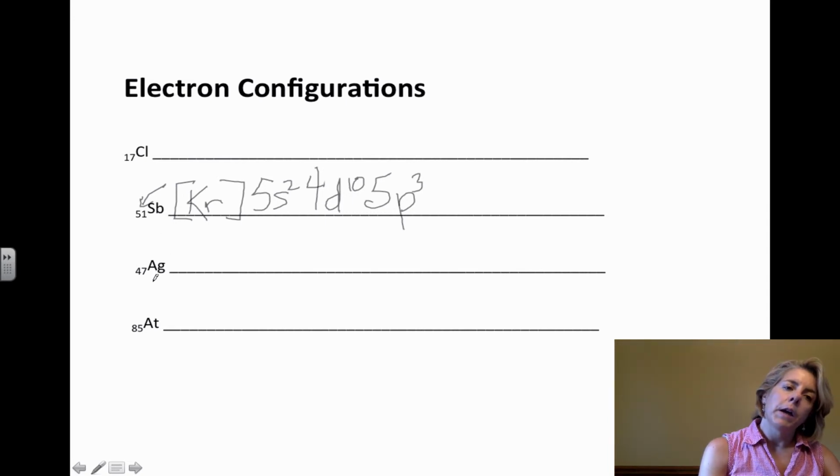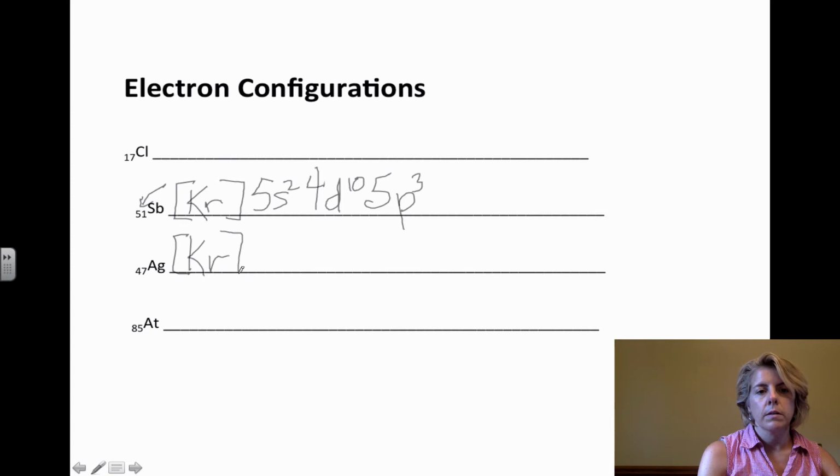Okay, here I go. Now this is silver, and I'll just tell you ahead of time, this is an exception to the rule. So don't be surprised if we have to steal an electron from the s orbital. This actually has the same noble gas notation as krypton. And then after krypton, we have 5s2, and then 4d9.